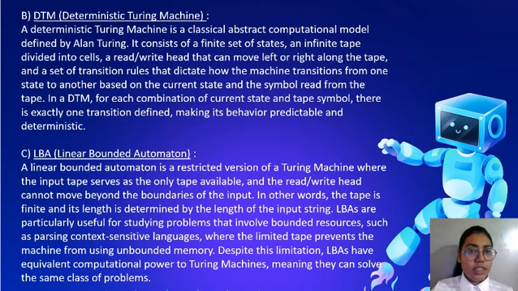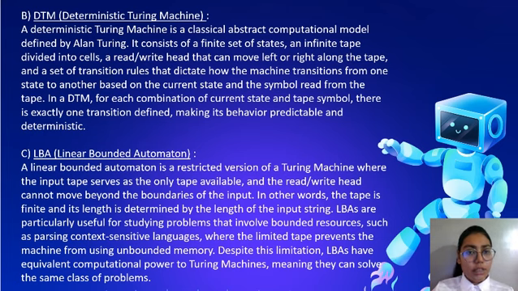The second one is DTM, deterministic Turing machine. A deterministic Turing machine is a classical abstract computational model defined by Alan Turing. It consists of a finite set of states and an infinite tape divided into cells, with a read/write head that can move left or right along the tape, and a set of transition rules that dictate how the machine transitions from one state to another based on the current state and the symbol read from the tape.